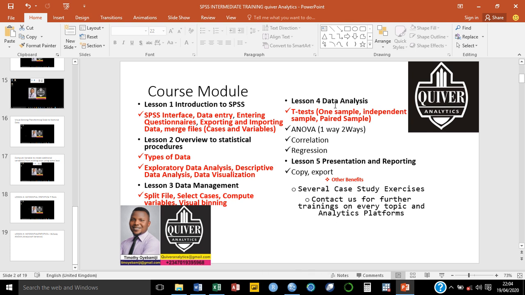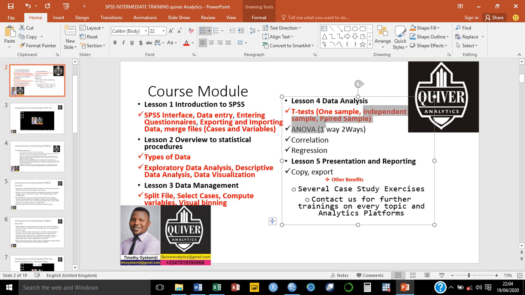When we're doing the t-test, the independent sample test, we said that when we have two factors in a variable and we are testing their differences on a continuous variable, when they are just two factors, we use the independent sample test.